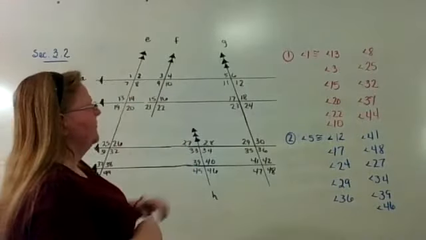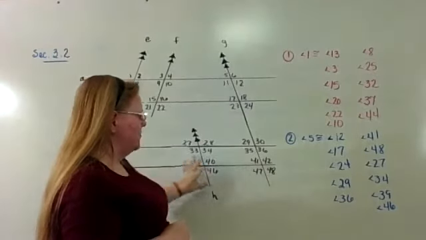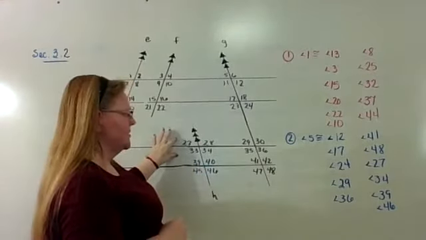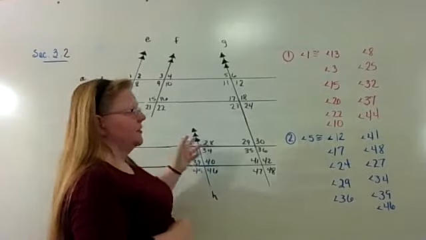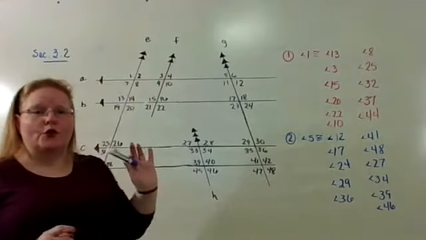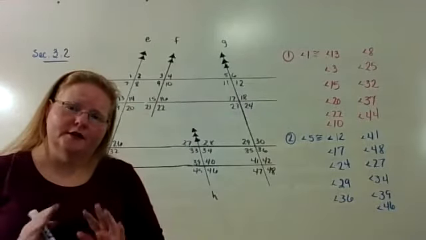Basically, if you pick this intersection up and sit it down on top of all of these other intersections, it's the one that has the vertical angle and the corresponding angle to it. So that takes care of problem 1 and 2, which were the kind of the challenging ones.